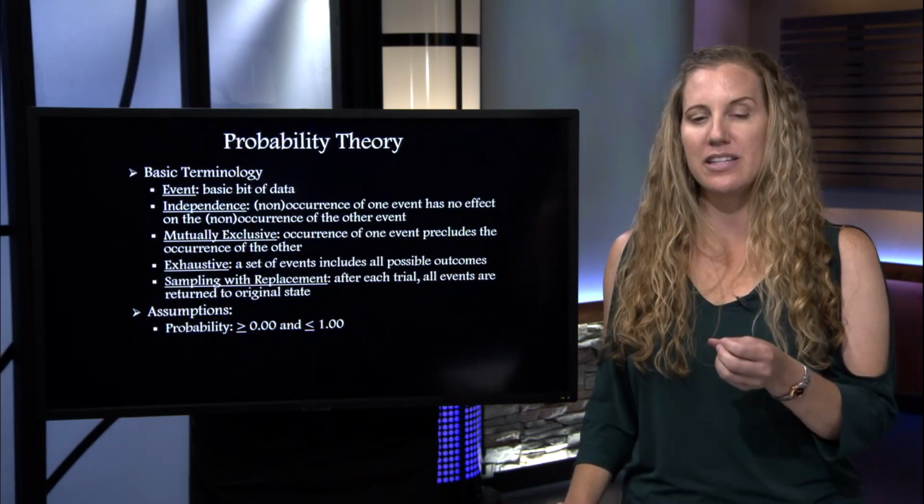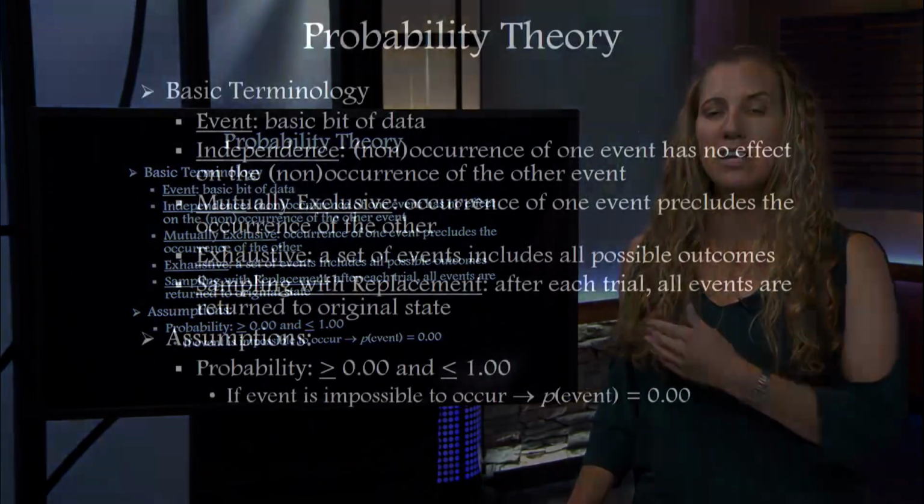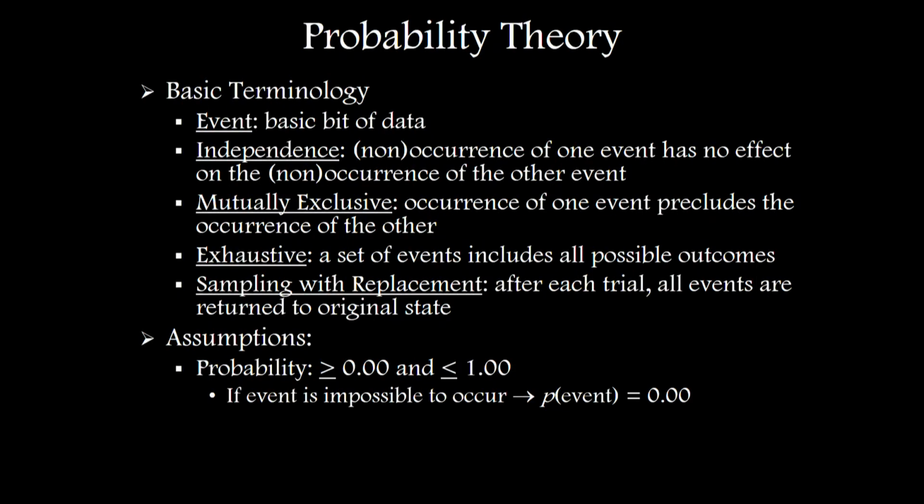Because if there's an event that's impossible to occur, it cannot occur, then the probability of that event occurring is going to be 0. So if an event is impossible to occur, then my probability of that event is going to be 0. There is a 0% chance that that event can occur.